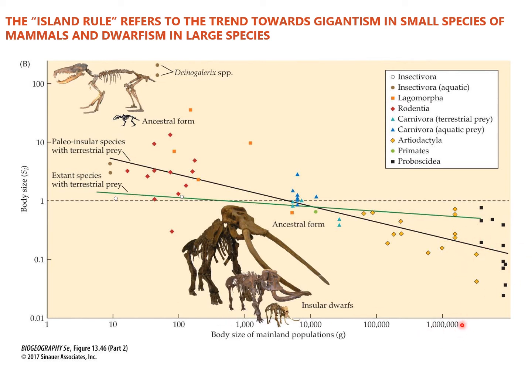And these refer to larger organisms and smaller organisms. So it's this dwarfism, gigantism thing. If you're a large organism on the mainland, you're probably going to shrink when you go to the island. At least, not you as an individual, but individuals in subsequent populations will be smaller. And it's the opposite trend if you're a small organism. So that's the island rule. Kind of interesting.